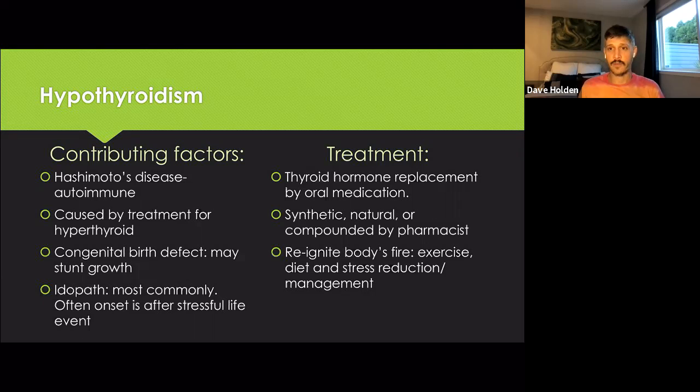Or you can go to a compounding pharmacist where they can manufacture drugs on site. But the idea there is that you want to reignite the body's fire. Like the fires of the furnace have been dampened. So exercise, change your diet, stress reduction, stress management, like get moving, do stuff to reignite those fires.